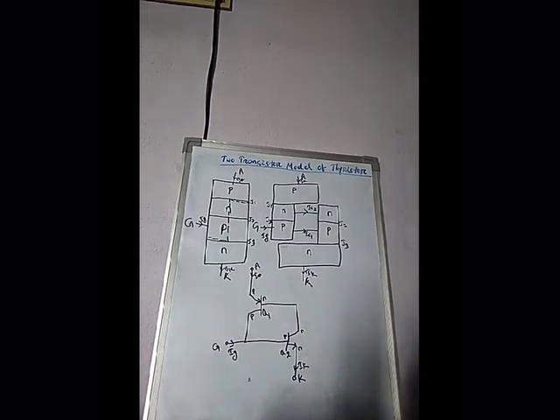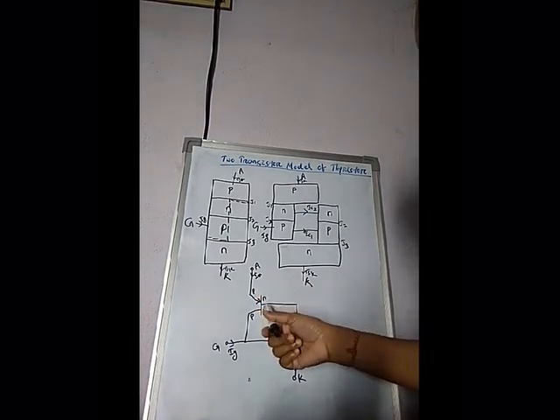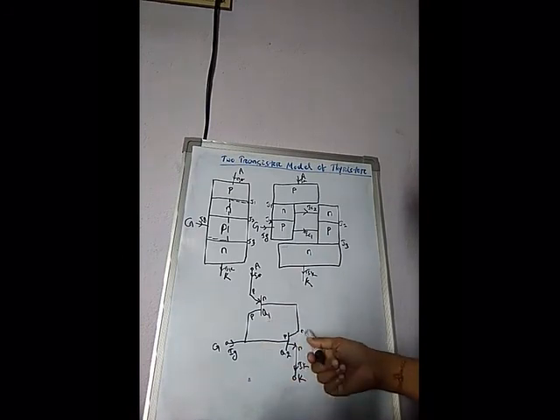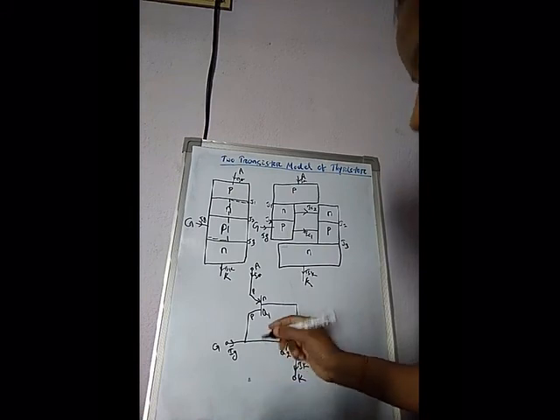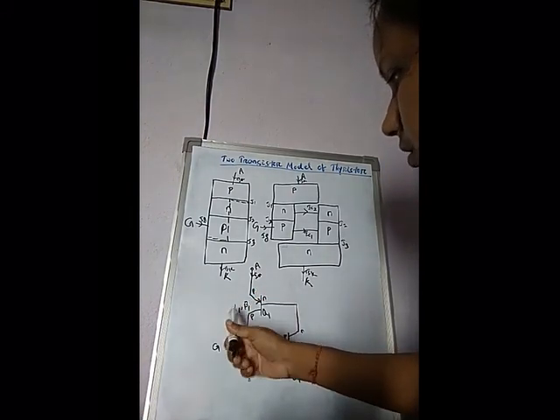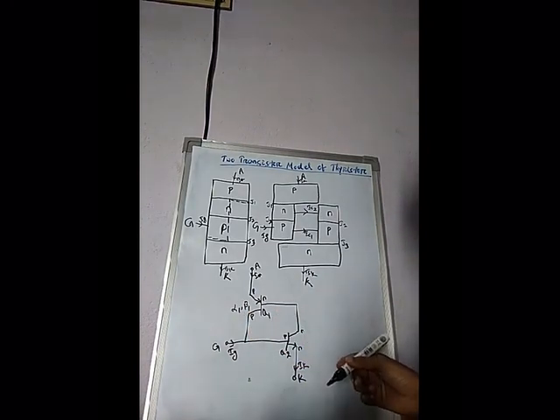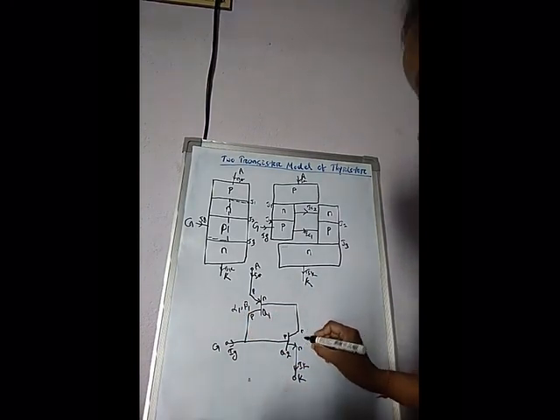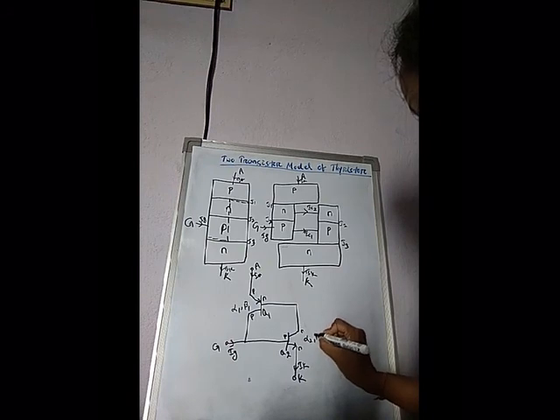So the PNP constitutes the Q1 transistor, the NPN constitutes the Q2 transistor. So its parameters are, let alpha 1, beta 1, this is the current gain. Here for transistor Q2 it is alpha 2, beta 2.